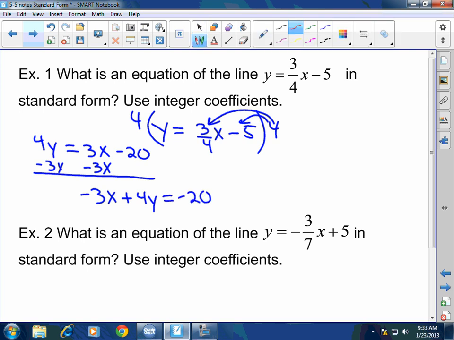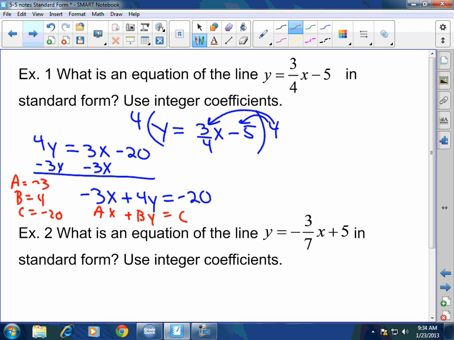Remember, that's standard form. ax plus by equals c. In this particular case, the a is negative 3. The b is 4. And the c is negative 20. Does everyone see how and why I did that? Promise? Just simply got to get the x and the y's together.